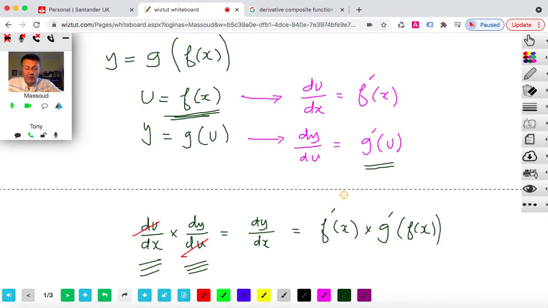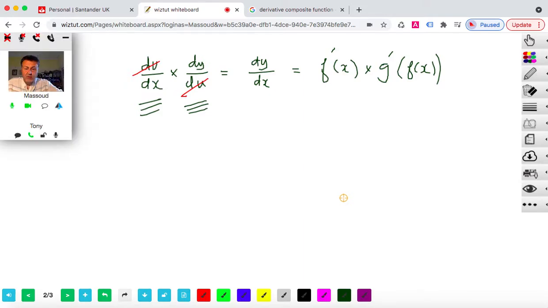So as an example, if I wanted to just do an example of a composite function, let's just stick to something simple. So if, for example, we have an fx, which is, say, 3x cubed plus 5, and gx, let me write that again.